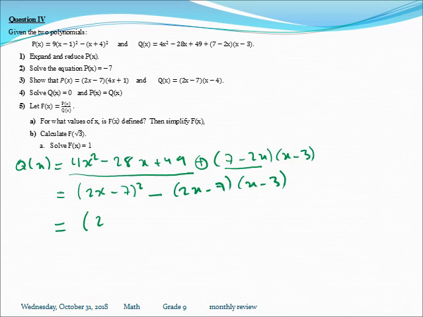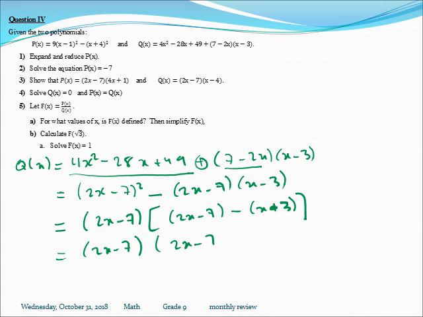Take common 2x minus 7, which leaves 2x minus 7 minus x plus 3, so it equals 2x minus 7 times 2x minus x, x minus 7 plus 3, minus 4.